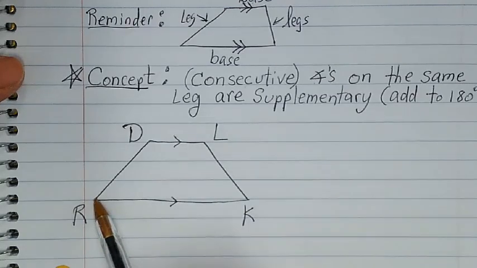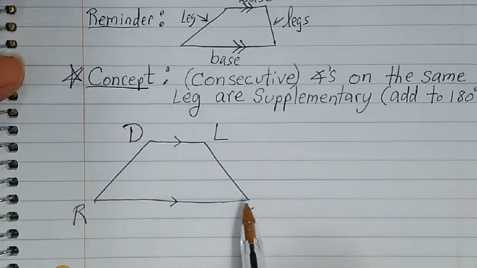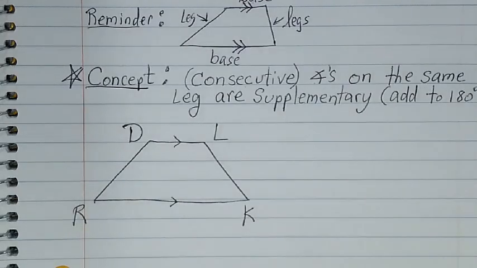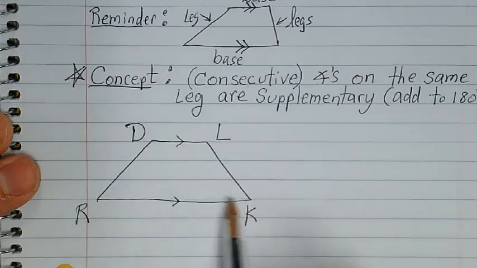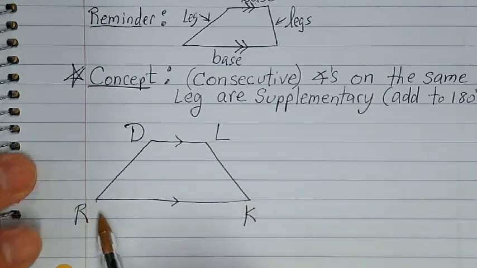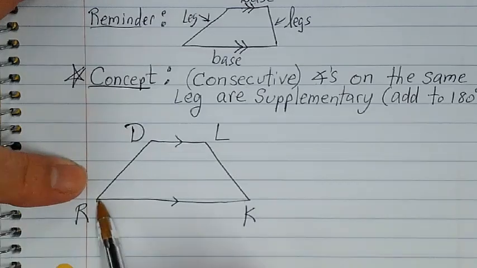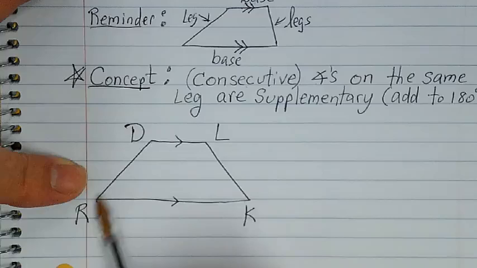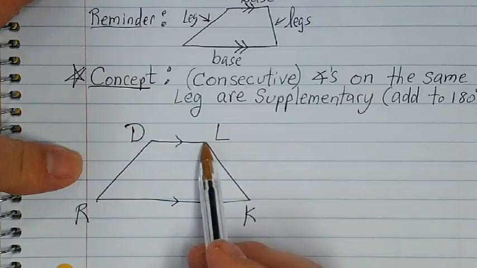Someone said K. Is that correct? Raise your hand if that's correct. Because the word consecutive means next to, one right after the other. Is K consecutive to R? Yeah, they're right next to each other. Is there another angle that's consecutive to R? D. That's correct. Next to each other. Is there an angle that is non-consecutive to angle R? That's non-consecutive. Perfect.